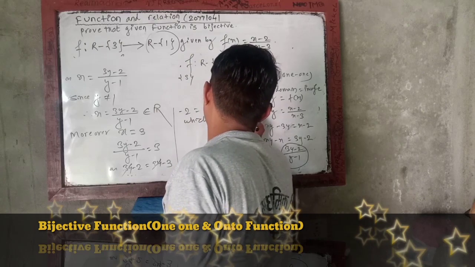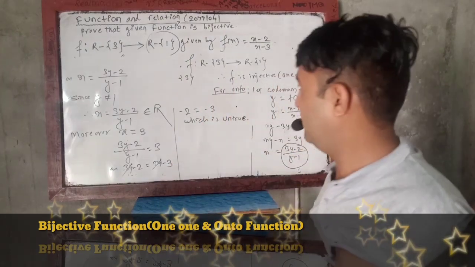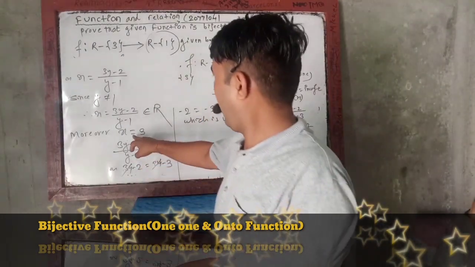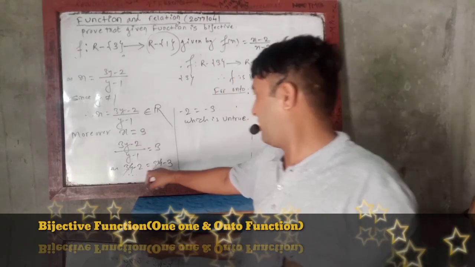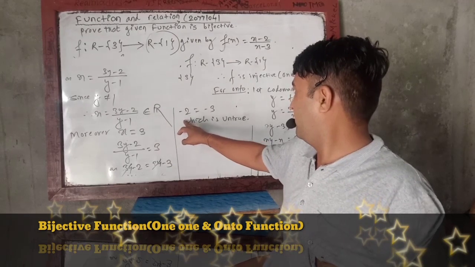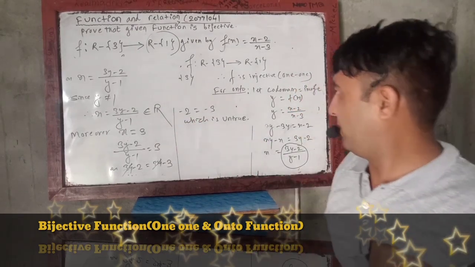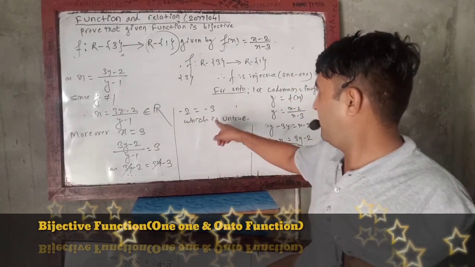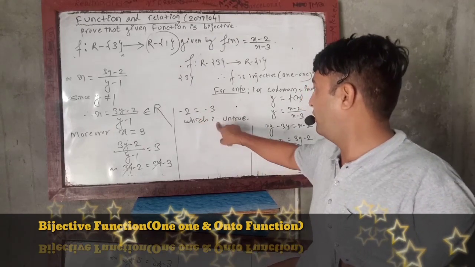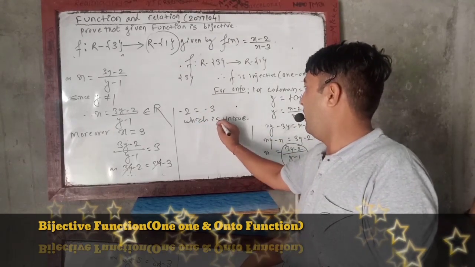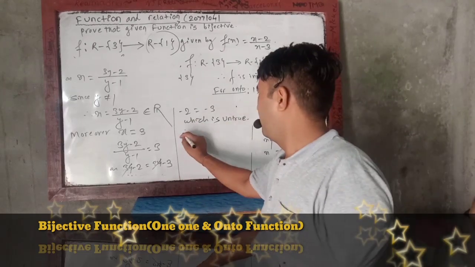so minus 2 equals minus 3, which is untrue, which is false. Finally, the value of x cannot be 3, but I have assumed x equal to 3 and simplified here, and finally we got a contradiction, minus 2 equal to minus 3, which is a false statement.